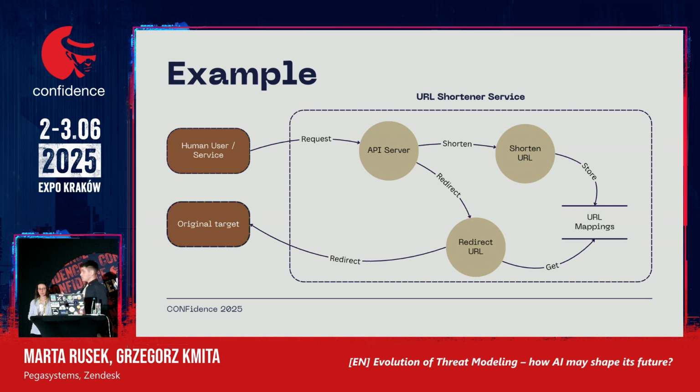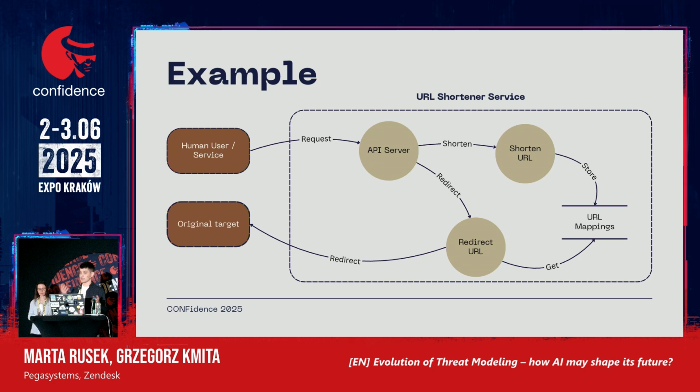And at the end, maybe there will be a request flooding, so request flood. So a user will generate a huge number of requests to shorten a URL or redirect to an original site.